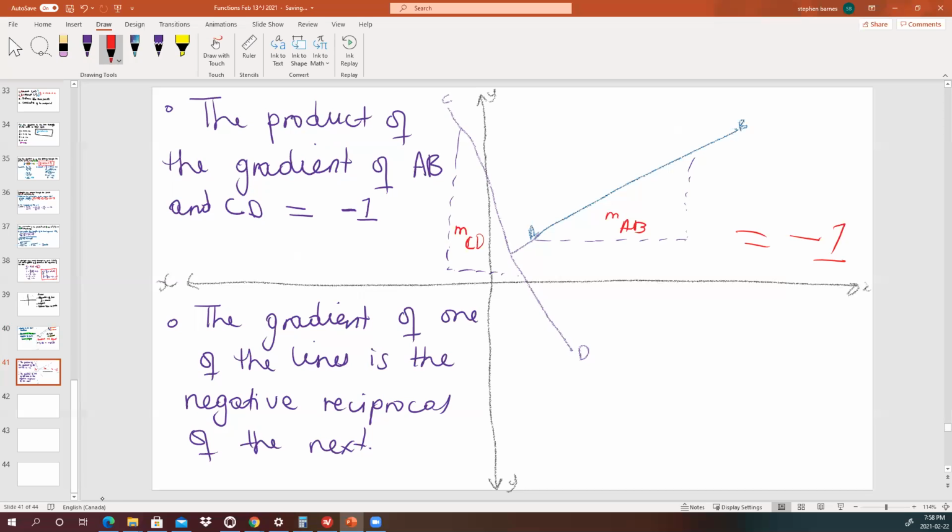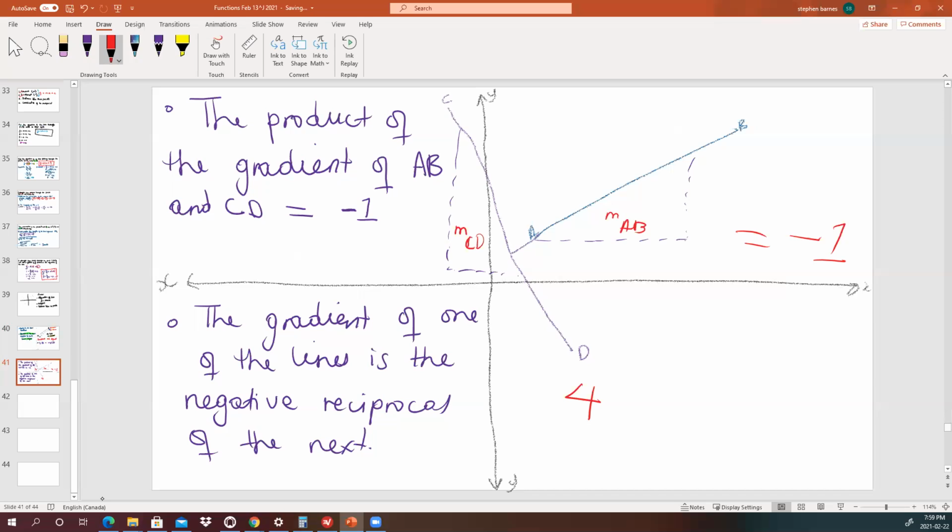So if you find the gradient of, say, CD to be 4, because we know it is perpendicular, based on this rule, if you find the gradient of one line, then the gradient of the other line is going to be the negative reciprocal. We know what negative is: you slap a negative sign on it. The reciprocal is when you invert it. So let's not forget that.